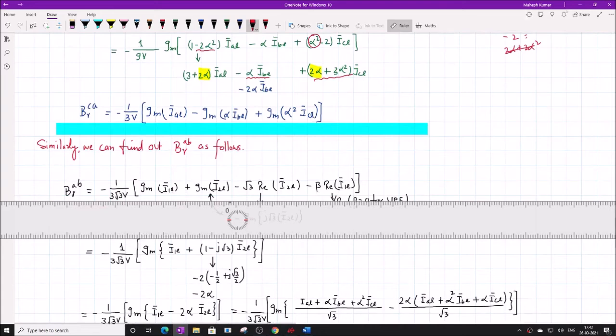So if we expand this further, this is 2 alpha IAL, this is 2 alpha ICL. So 2 alpha is common, this is IAL plus ICL. And what is IAL plus ICL? It is minus IBL. So therefore this becomes minus 2 alpha IBL.